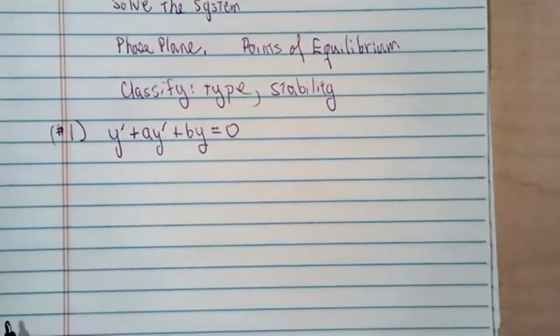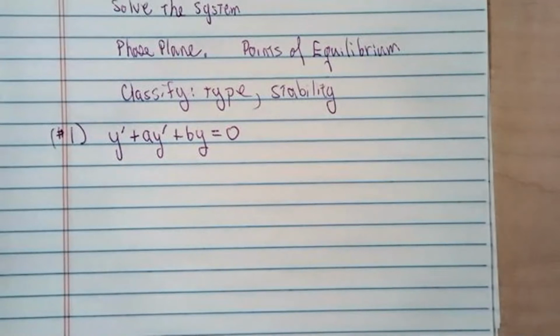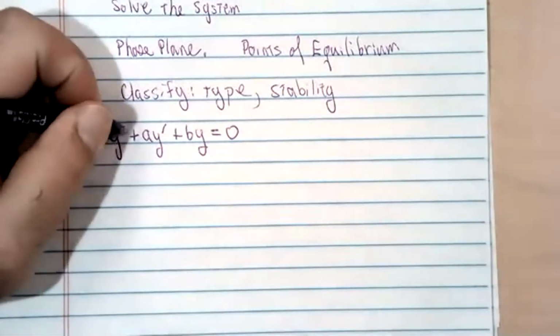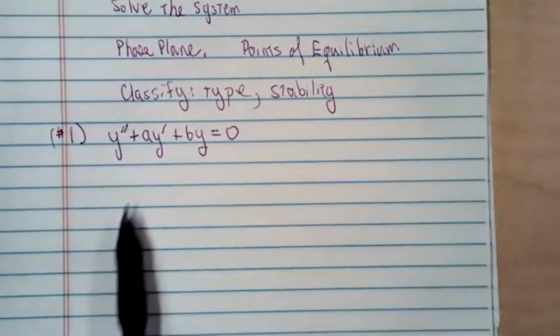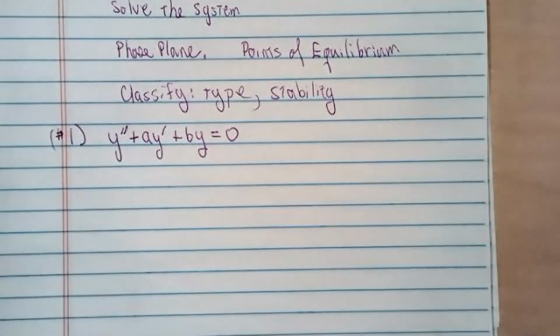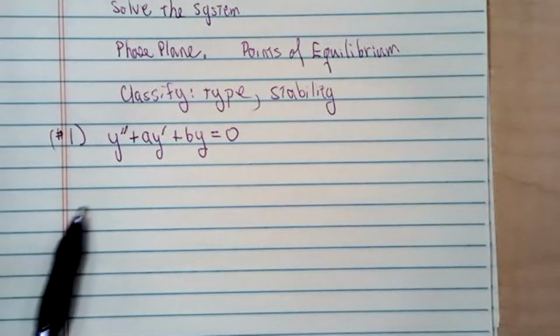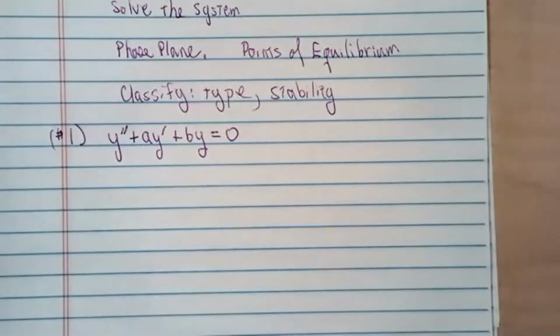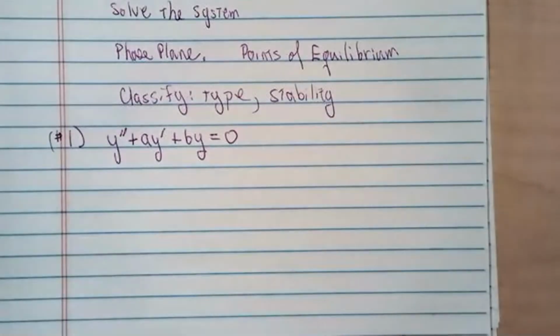This is also another explanation for why we didn't dig very deeply, oh, that should have 2 primes on it there, we didn't dig very deeply into third and higher order equations. The reason is that most of the time they're translated to linear systems rather than studied in this form.